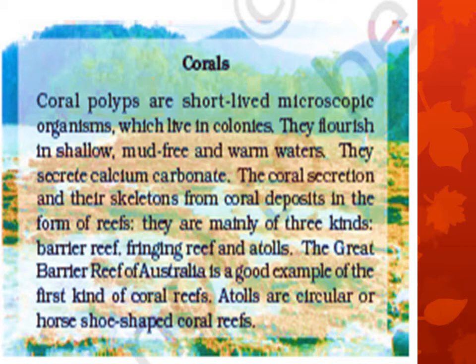These reefs are mainly of three kinds: barrier reef, fringing reef and atolls. The Great Barrier Reef of Australia is a good example of the first kind of coral reef. Atolls are the circular or horseshoe shaped coral reefs.